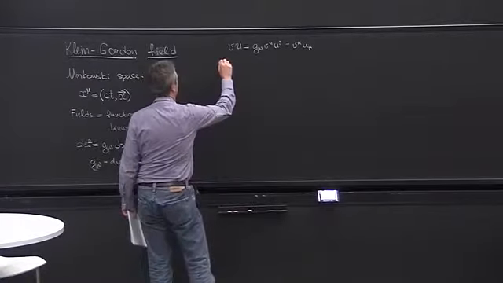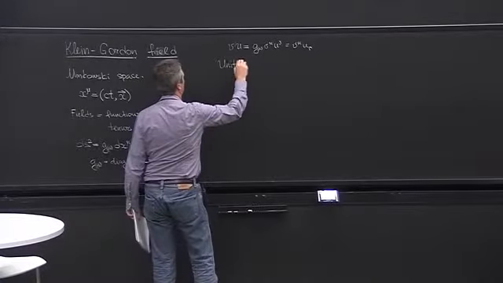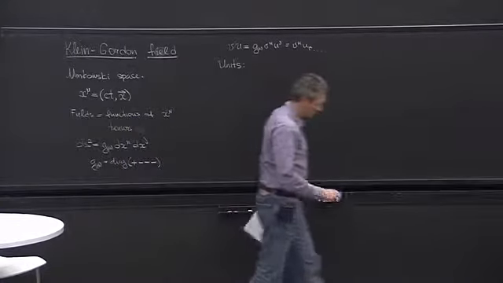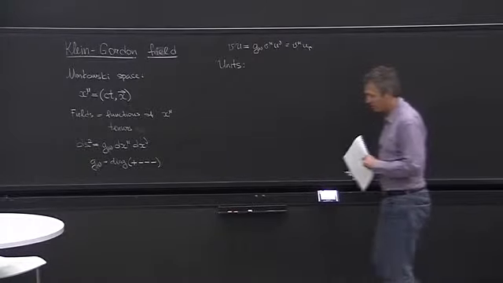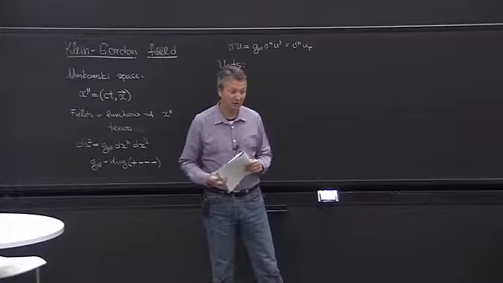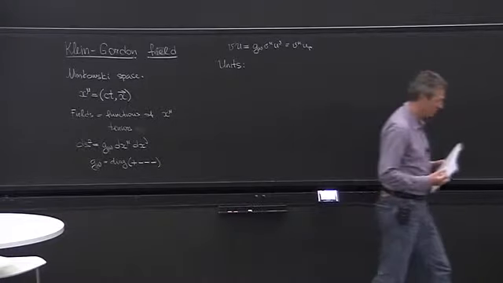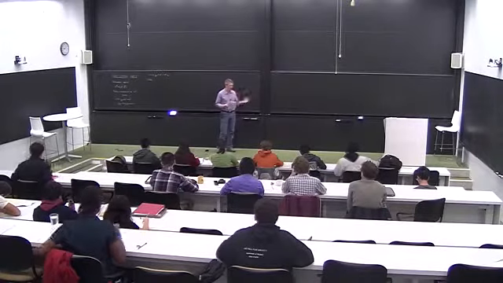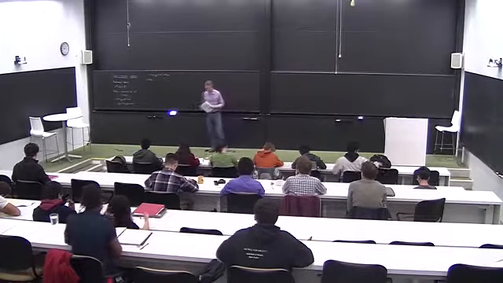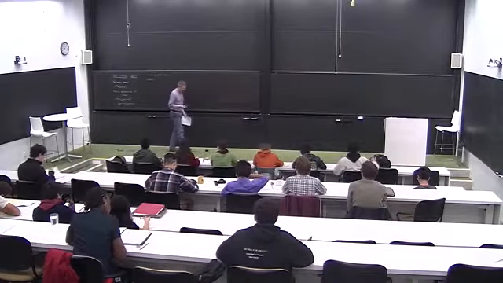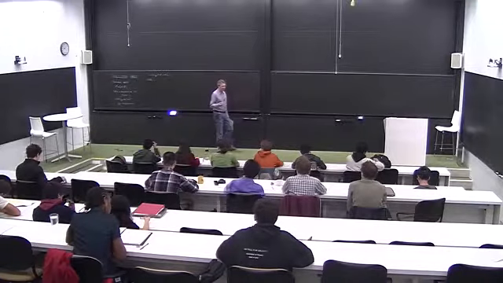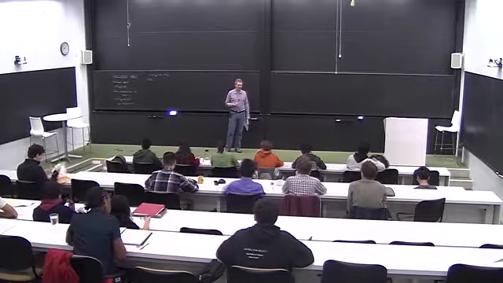Another remark is about units. So we will be interested in the regime where both relativistic effects are important and quantum mechanics will be also important. So both c and h bar will be, in a sense, finite.